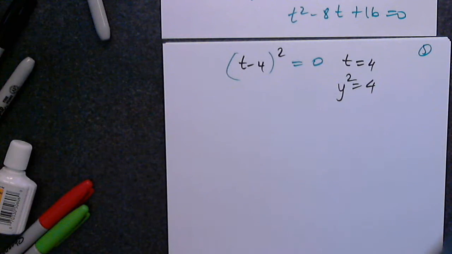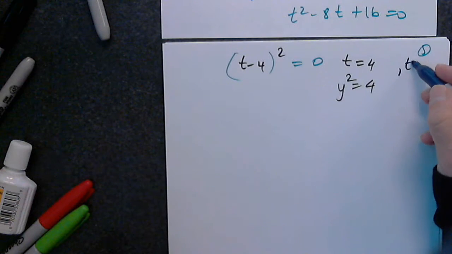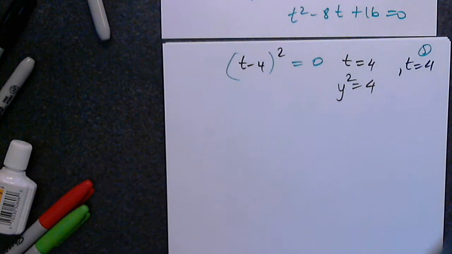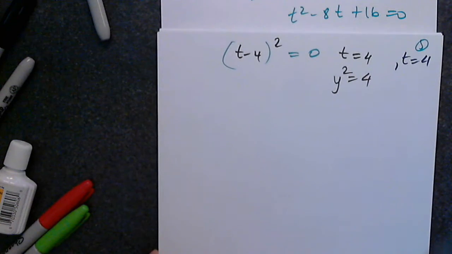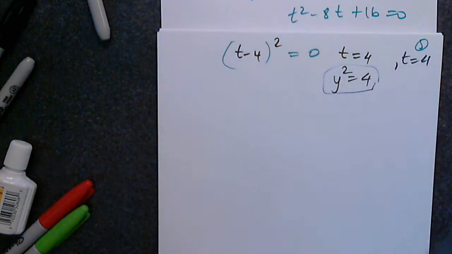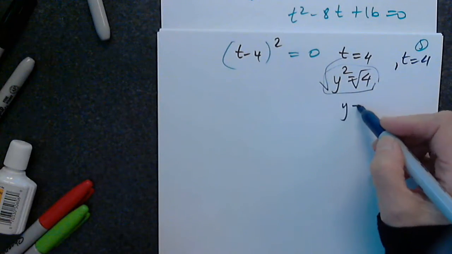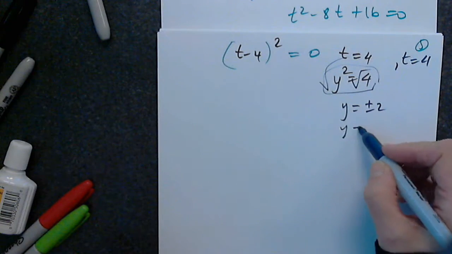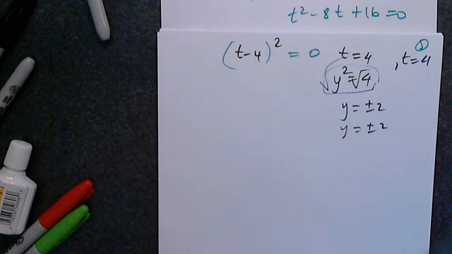You can say, well, where are the other two coming from? Same thing. It's t equals 4 twice. So we will end up having 4 solutions. Some of them will be the same. So how do I solve this equation? Which method? Right. Yes. So y equals plus or minus 2 and y equals plus or minus 2. In other words, there are 2 of 2 and 2 of negative 2. That's all it means. So now what follows next?